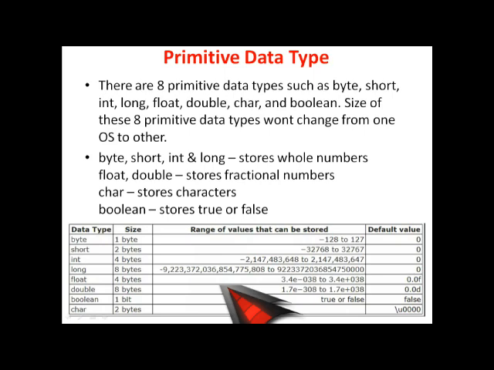Similarly, if you are going to use more precision values after the dot, then try to use double, which has more capacity, and it occupies 8 bytes in the computer memory. Boolean only takes 1 bit in the computer memory, as it stores either true or false. And char will take 2 bytes in the memory, and it will store a single character.